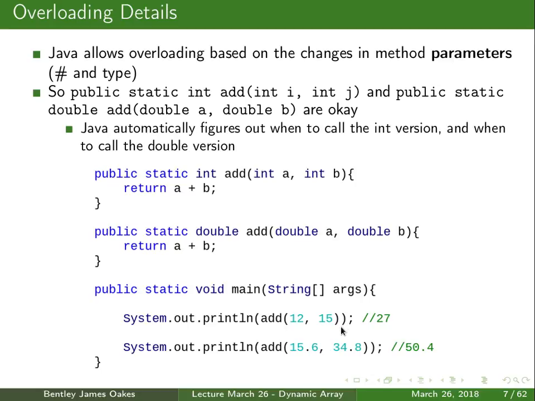And as I said, Java figures out the types, which one it wants to call. Java is a little bit lazy. It prefers not to do the conversion if it can. So if it can find a version of the add method that wants two ints, then it will call the int version. So this works because these parameters are different types.